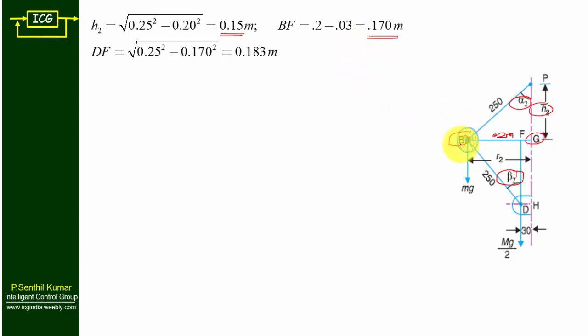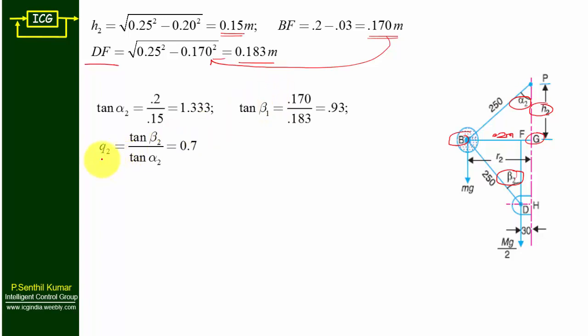Next we can find the DF value. So DF equals the hypotenuse, same Pythagoras theorem, square root of the hypotenuse value squared minus the opposite side squared. So square root of 0.25 squared minus the BF value, 0.170 squared. You will get 0.183 meter.